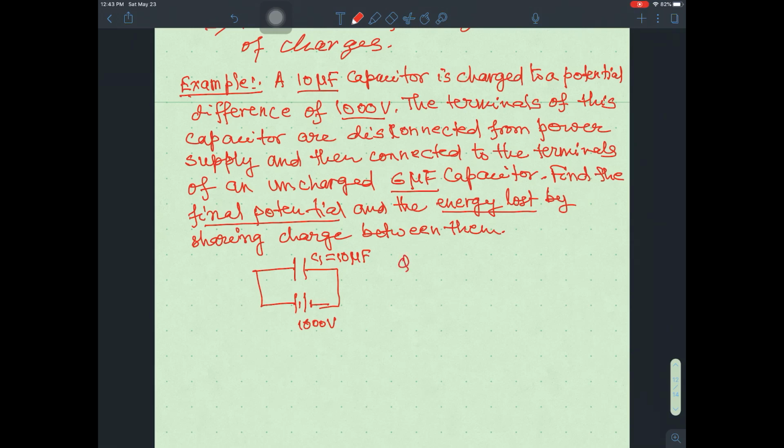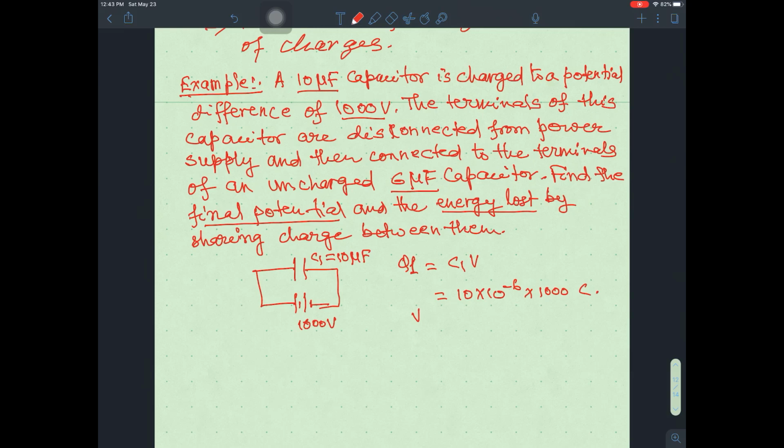So what is the charge on the capacitor? Q1 is equal to C1 V. So how much can we find? Q1 is equal to C1 V, C1 is your 10 into 10 to the power minus 6, into V is your 1000. This much coulomb Q1 we are getting.